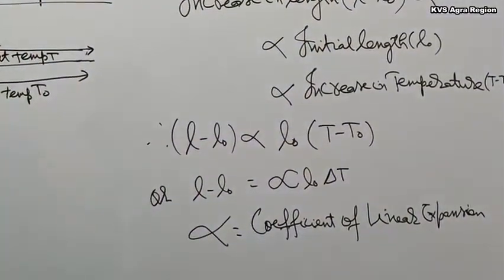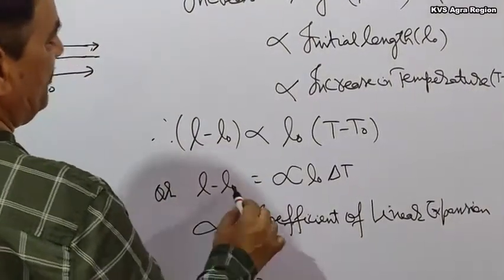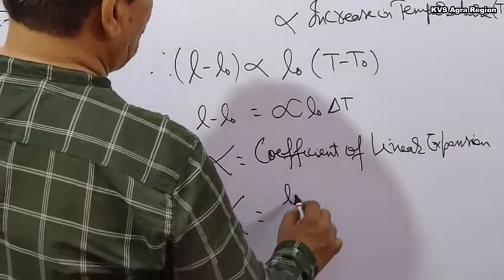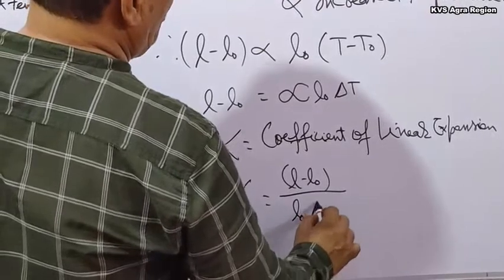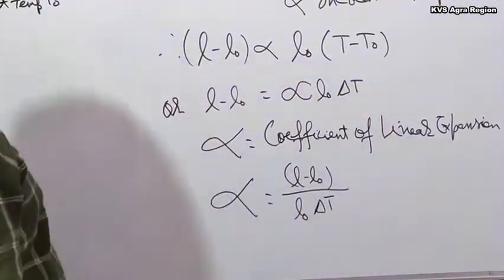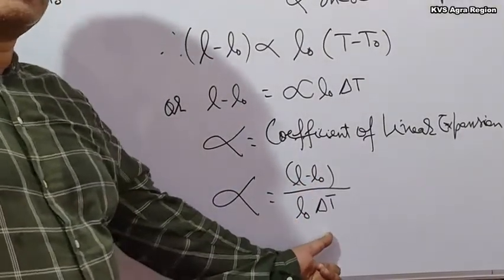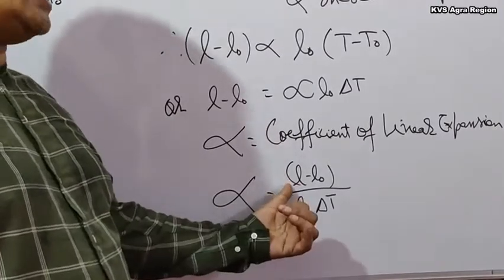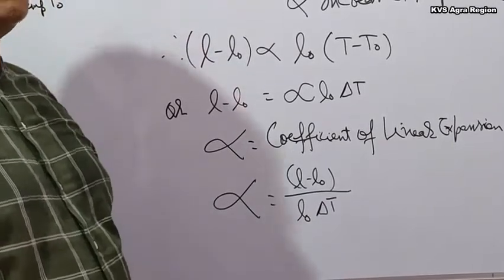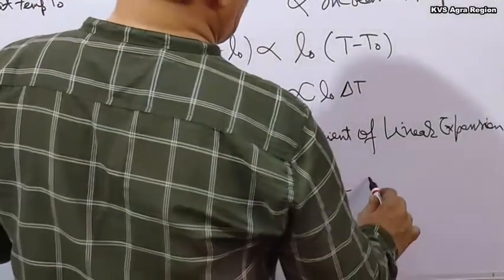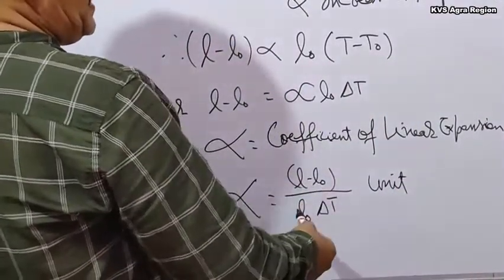This alpha is called the coefficient of linear expansion and it is defined as alpha equals L minus L naught upon L naught delta T. So it is defined as change in length per unit original length per unit rise in temperature, and its unit of length will cancel.